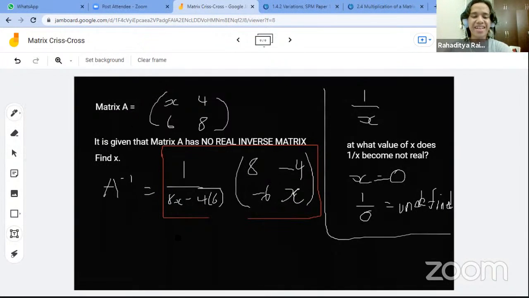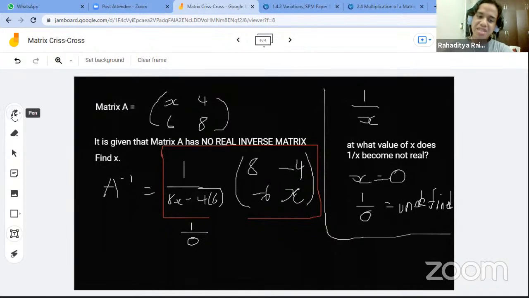Basically, to make this not real, you have to make it so that there'll be a divide by 0. Because when you divide anything by 0, it will not become real. It just doesn't exist, because you can't divide by 0.